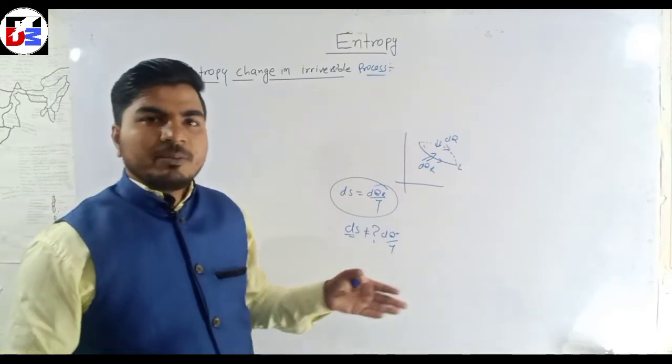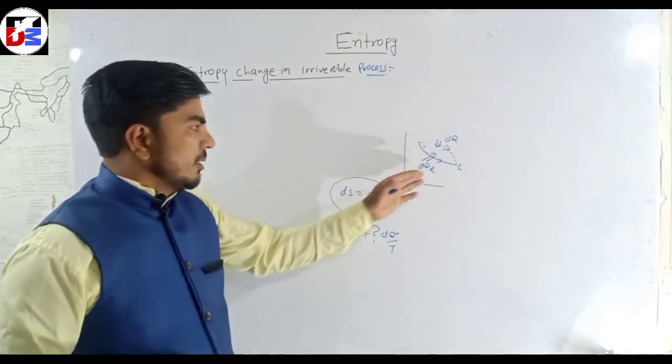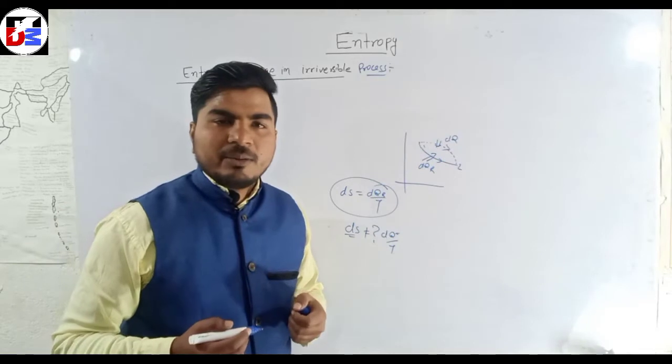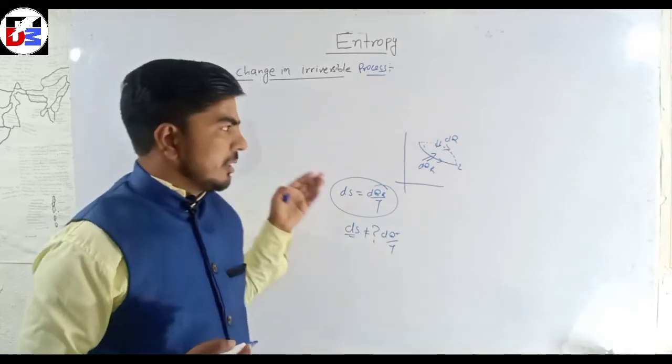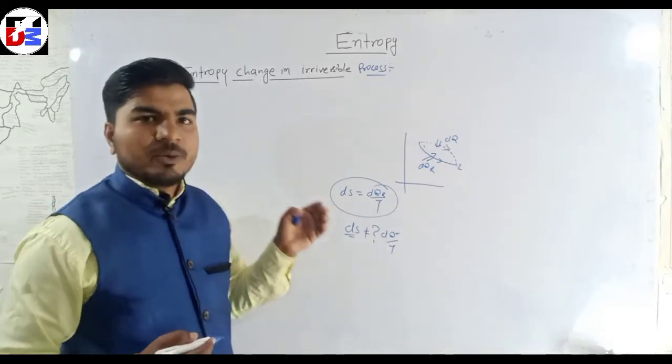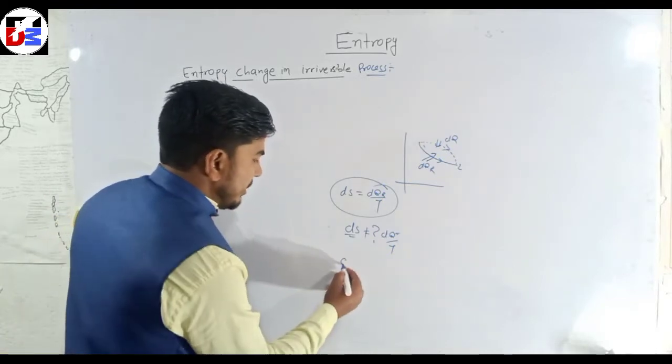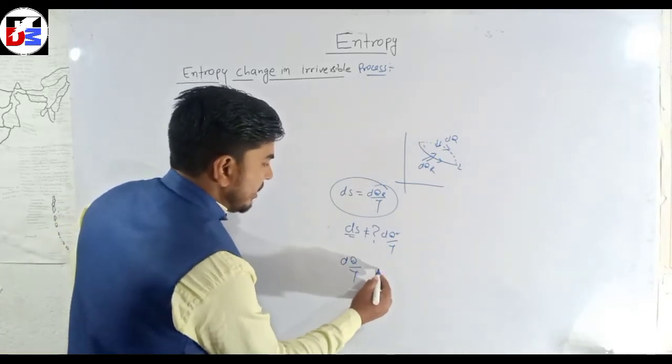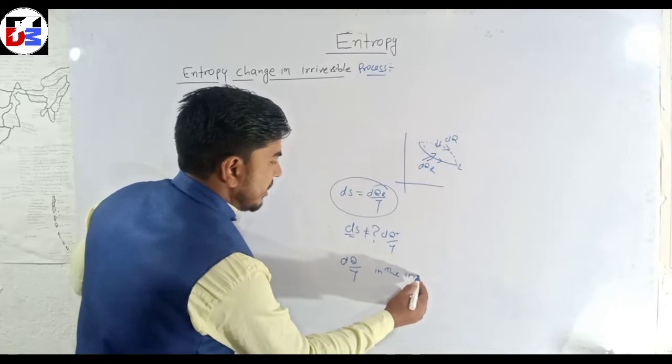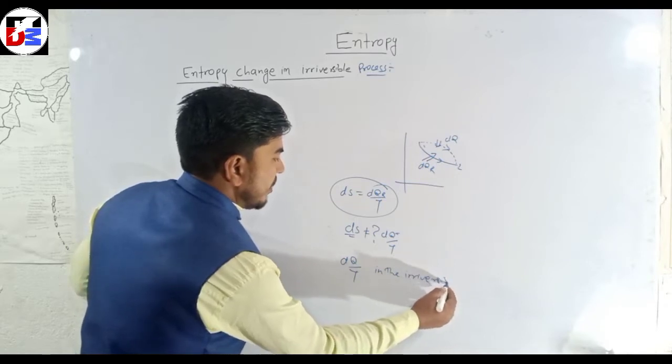So what is the value of dQ by T in an irreversible process? Now we can see and prove it.